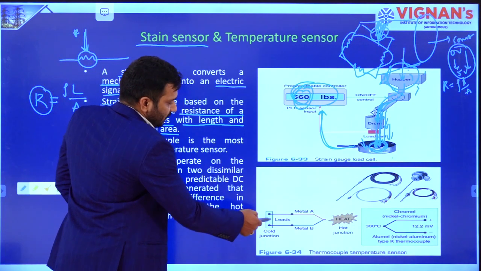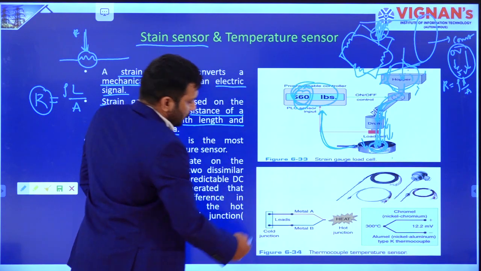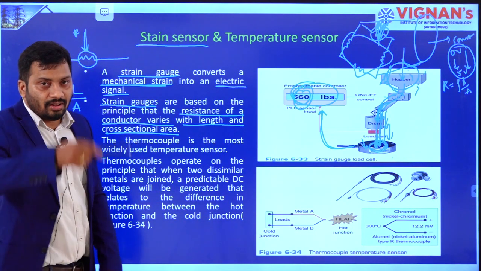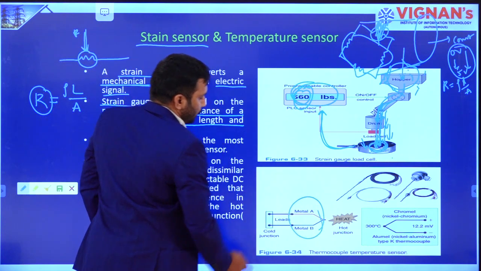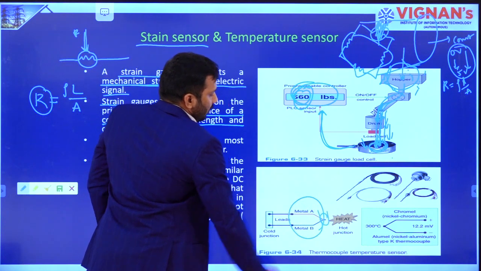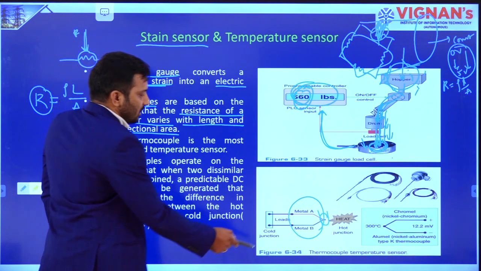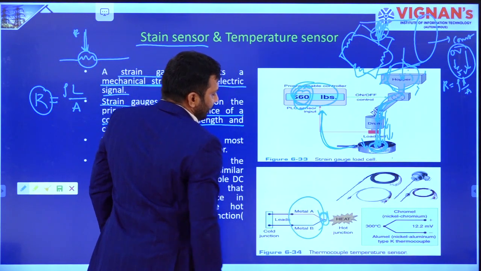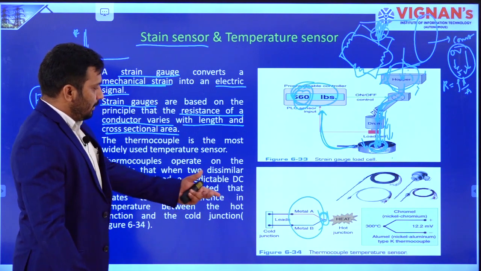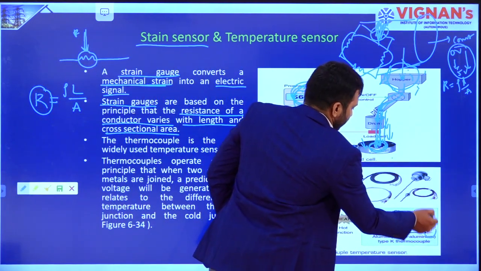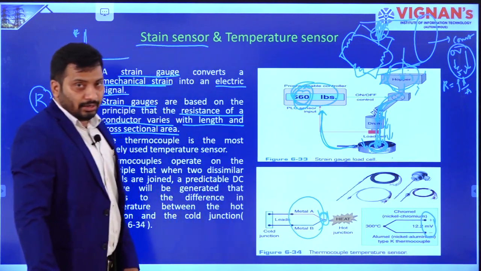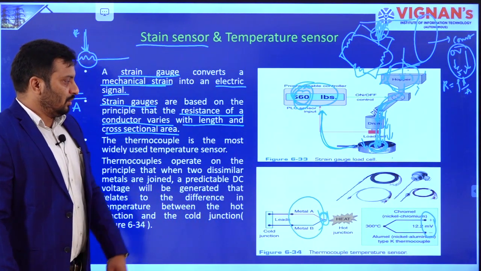Another application here is the thermocouple. You already studied the thermocouple from +2 onwards. What is it? Two dissimilar metals are joined together. If you place one terminal at a heated place, depending upon the Seebeck effect, the voltage change is measured at the other two terminals.